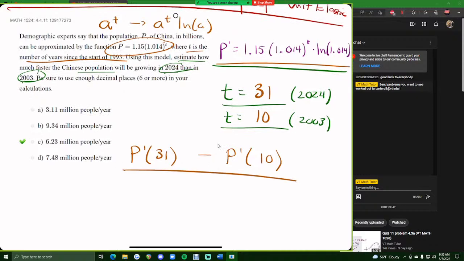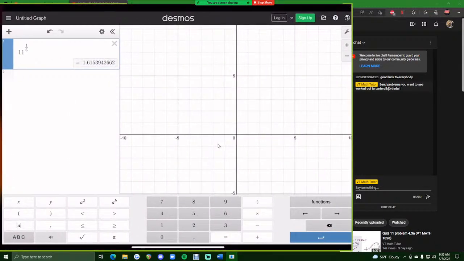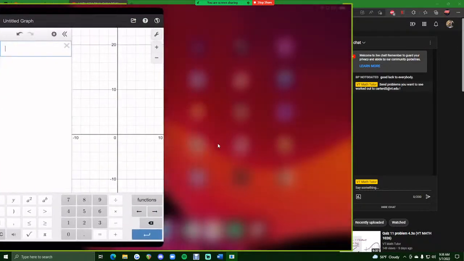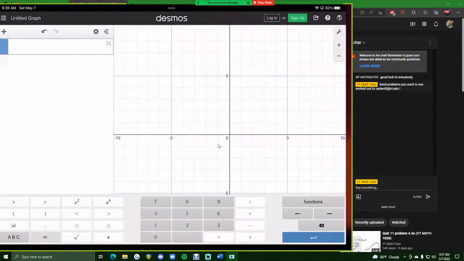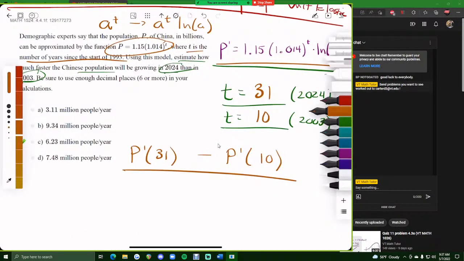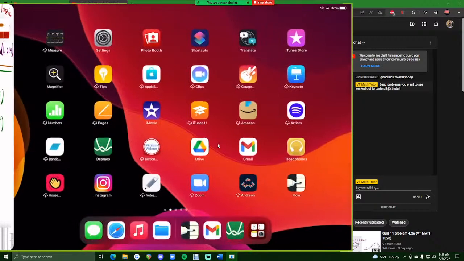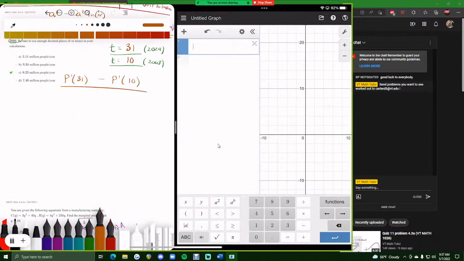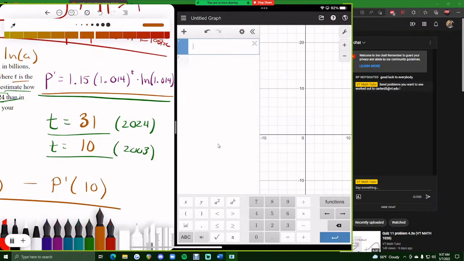So we are finding this. I'm just going to plug all of this directly in to Desmos. All right, there we go. So we are plugging in 31 and 10 into P prime and then subtracting them.